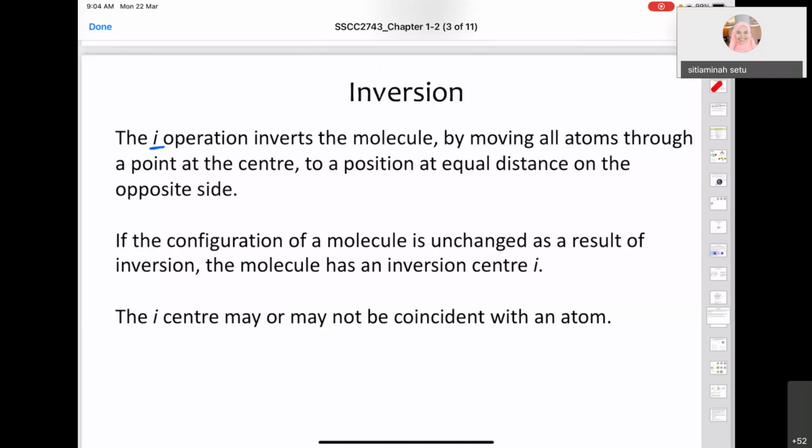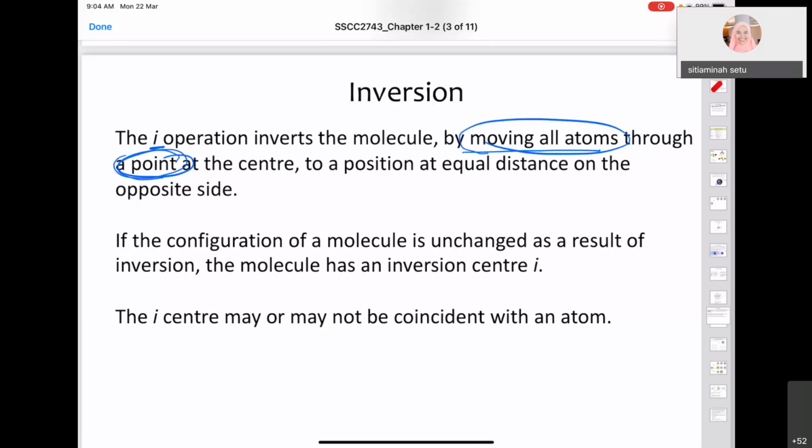So inversion dia punya simbol adalah I. Okay. So I operation inverts the molecule by moving all atoms through a point. Okay. So dia punya action dia adalah moving all the atom. So this is the inversion symmetry operation. Okay. And then dia punya symmetry elements dia adalah a point, titik, satu titik.